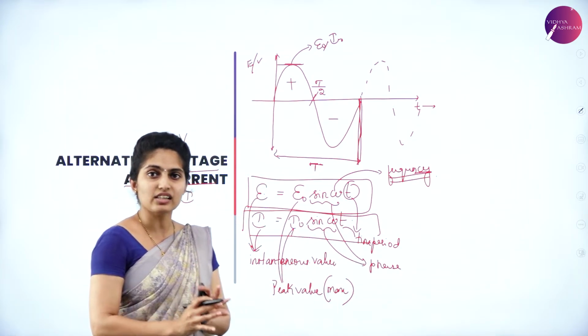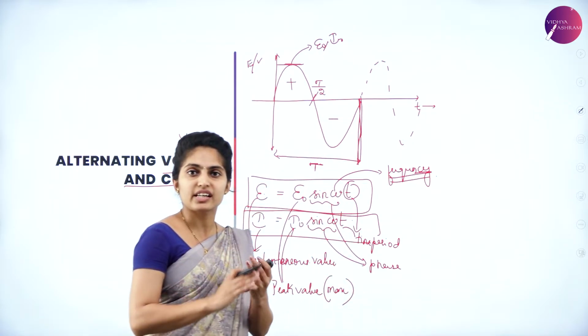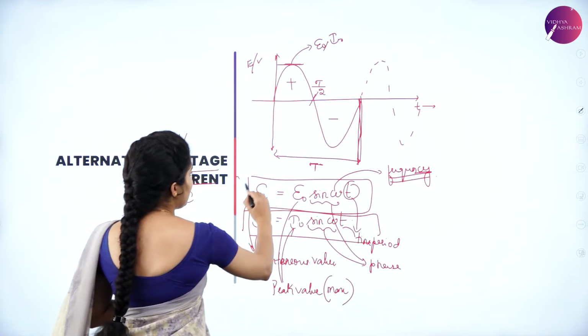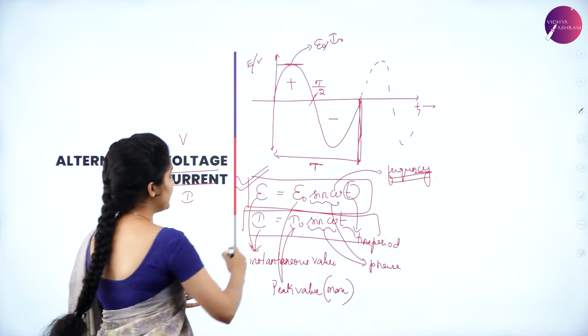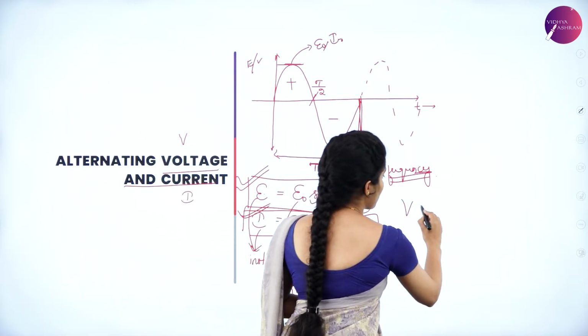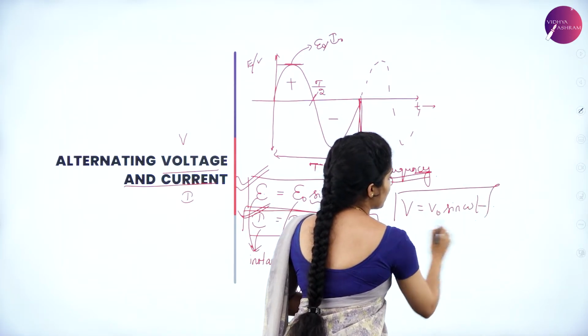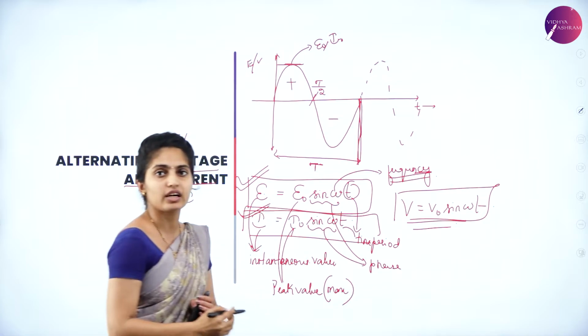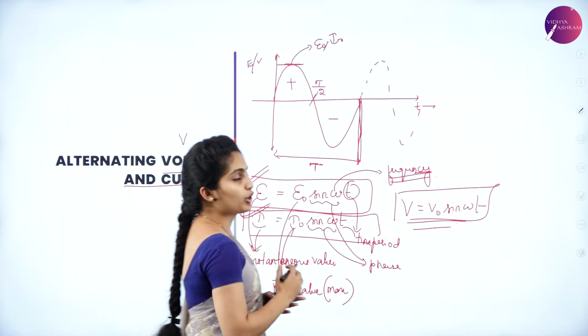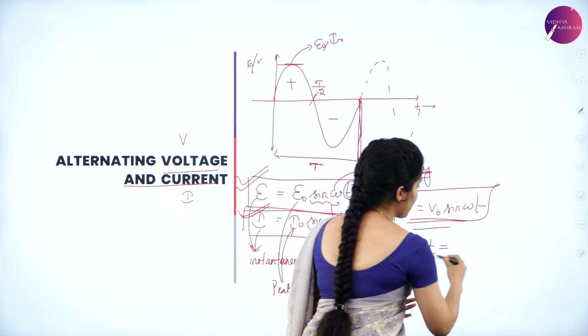So this is the formula for the instantaneous value of EMF as well as current in case of alternating current. In the same way, we have voltage equal to V naught sine omega t. That also comes under the alternating voltage. So these are the three concepts you will have to remember, where t is nothing but the time period.